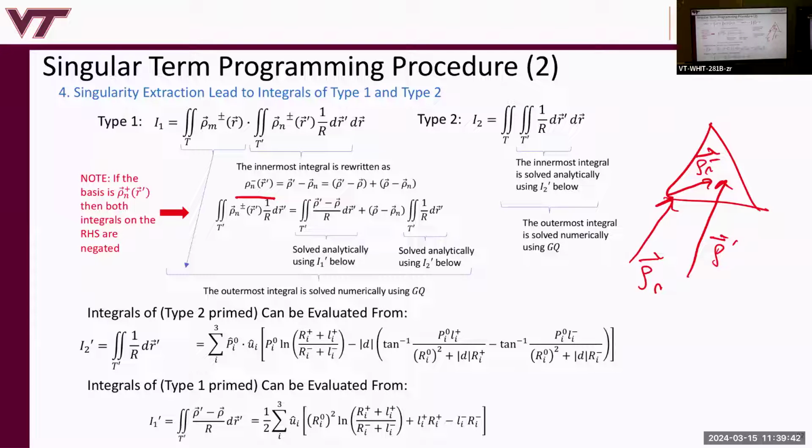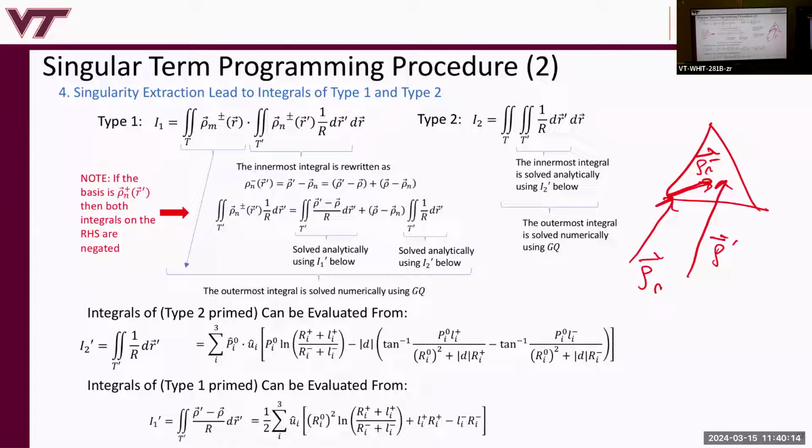So you subtract those two. And so rho n minus here is rho prime minus rho n. Then all we do now is add minus rho and plus rho. Does it make sense now? We subtract rho and add rho. Subtract rho and add rho, all right?